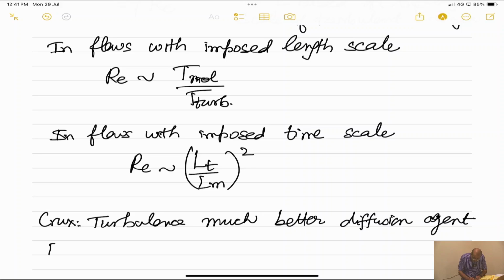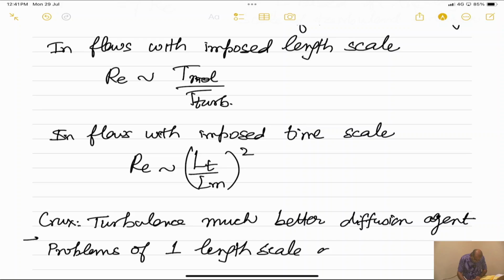But we have to remember that this is in problems of only a single length scale or one time scale. Such analysis we can do, or what we have done.